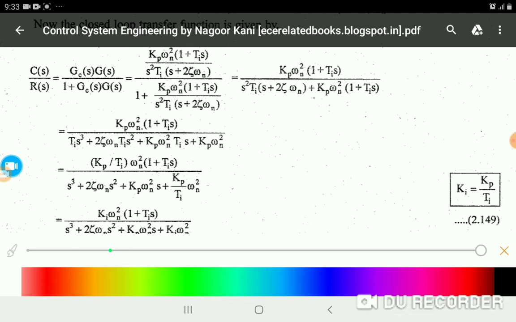See here, Kp by Ti. All the terms have a Ti, 1, 2, 3, except the last term. So taking Ti as common, this term alone is put with a Ti in the denominator. So take Ti common, Ti common, Ti common, here no Ti. So multiply and divide by Ti, then take Ti common. That Ti comes to the numerator's denominator here.